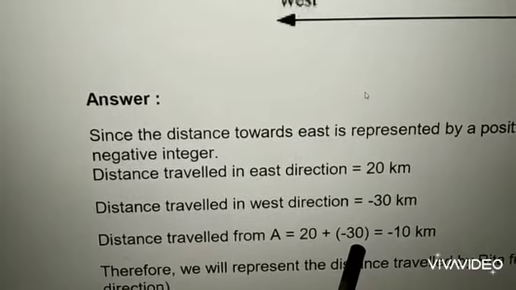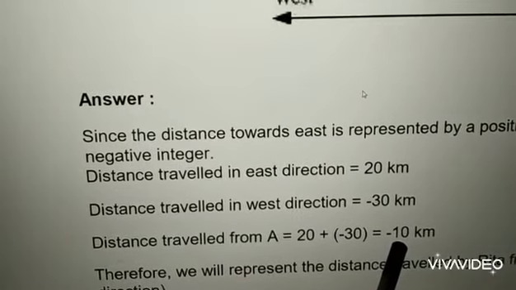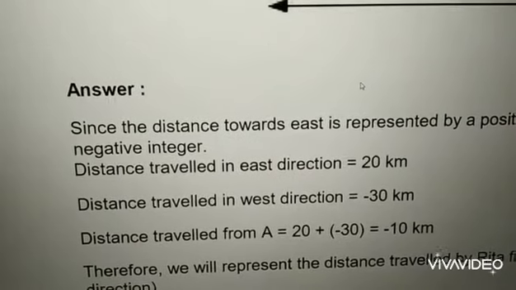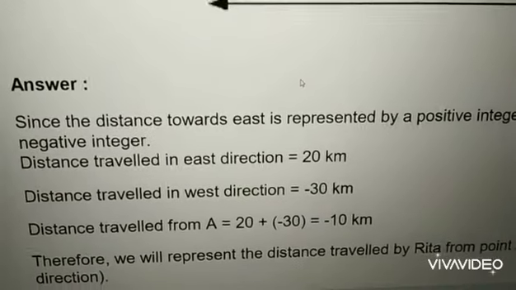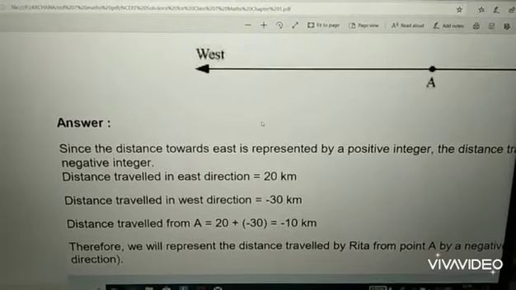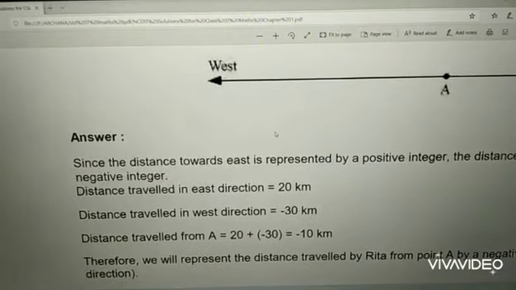As 30 is the greater number, we will put the sign of a negative integer. So here it will be minus 10 kilometers. Therefore, we will represent the distance travelled by Rita from point A by a negative integer, and it will be in the west direction.